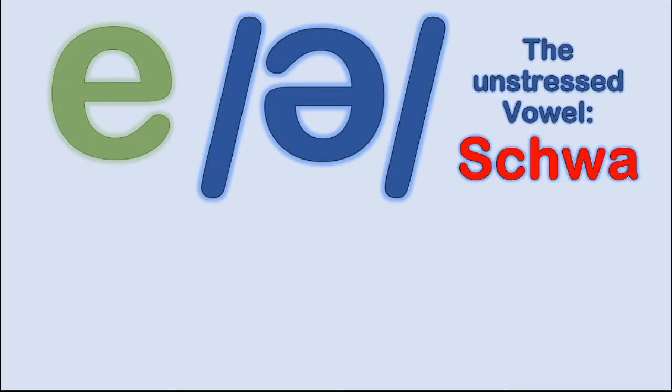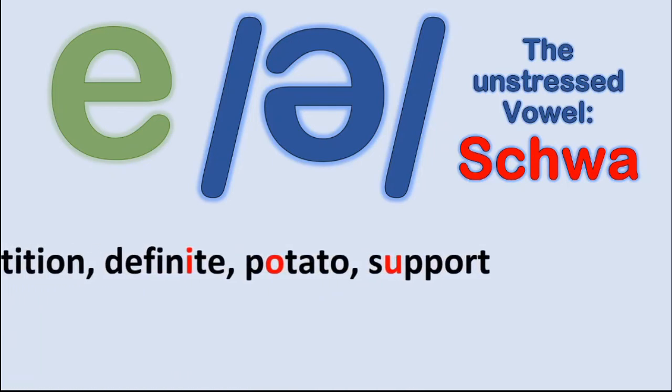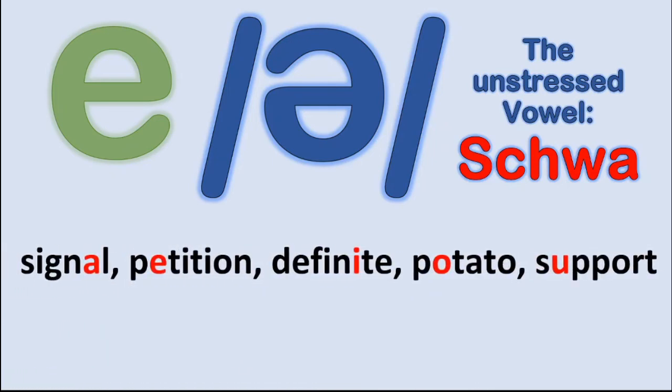Now in almost all the unstressed syllables in the English language, all vowel letters give you a sound. Now look at these words. I've written 5 different words of the English language with 5 different vowels in them.